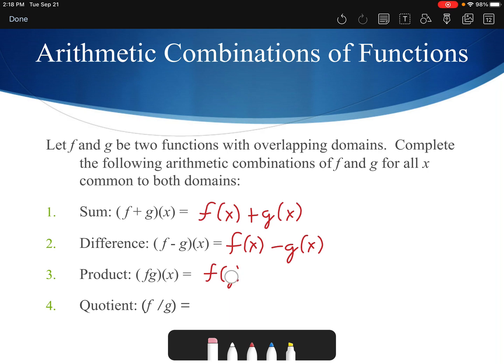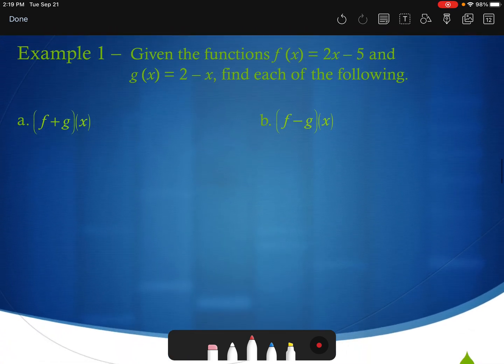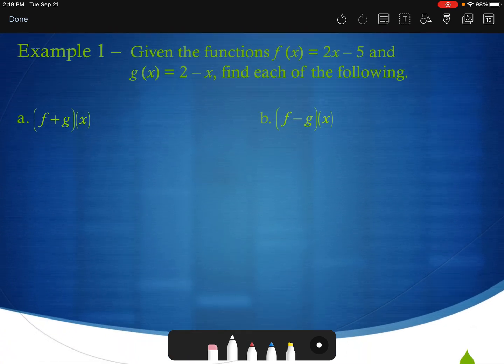Product would be f of x times g of x, and then the quotient is f of x over g of x, means the same thing. So with the domain restriction here, where g of x cannot be 0, all of the other domains for f and g apply for sum, difference, and product.